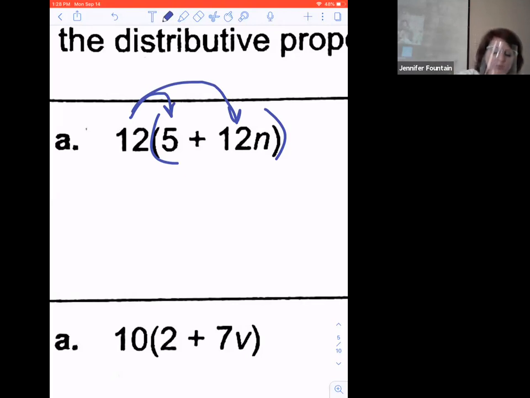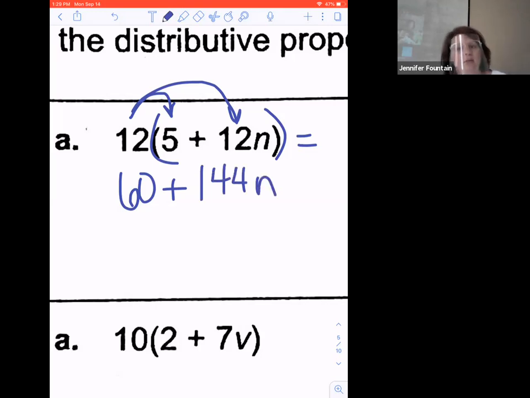Okay, so what is 12 times 5? 60. Plus, when I multiply 12 times 12n, I'm just going to multiply 12 times 12. And what is 12 times 12? 144. And I'm going to leave the n on that. So I just multiply the 2 numbers together and leave the variable alone.